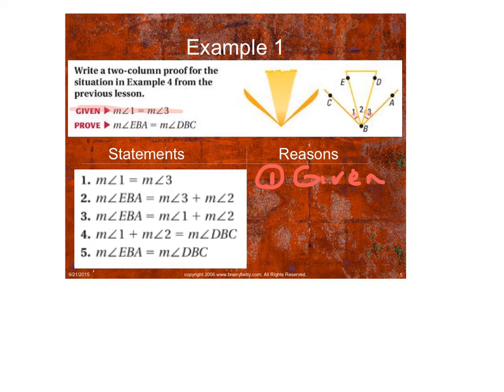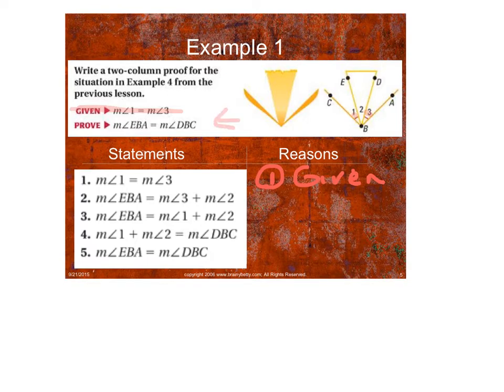Now, we don't necessarily have to do something to statement 1. We can somehow incorporate something from our given information or our picture. And that's what they've done in statement 2. They've actually started to bring in what we're trying to prove.